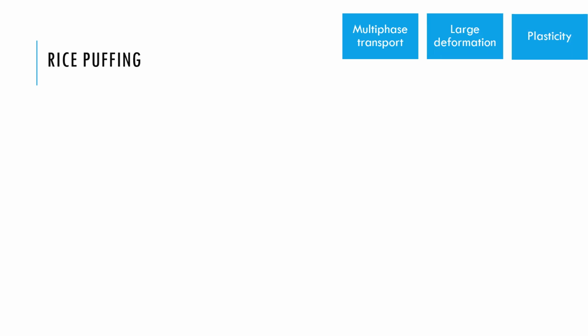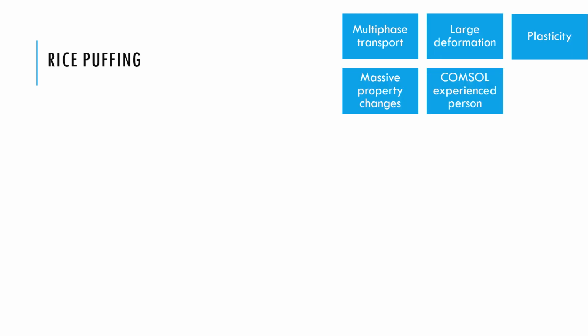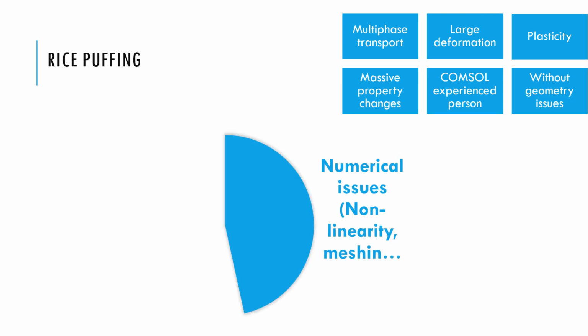This one has to do with modeling rice puffing, which is quite a complex process involving multi-phase transport, large deformation, plasticity, property changes, and so on. In that one, the time spent kind of went like this.